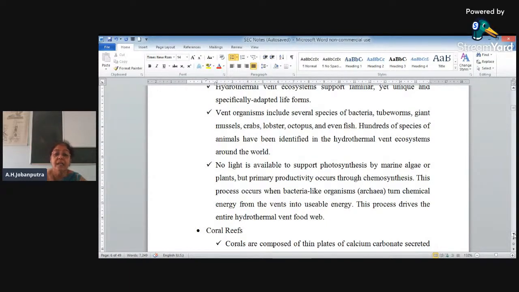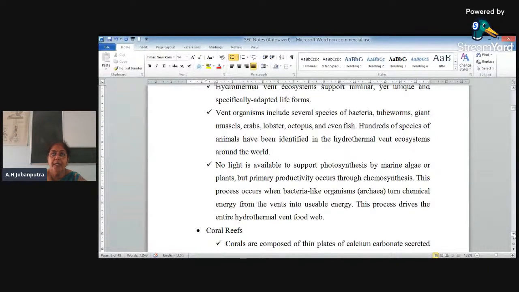All these chemosynthetic bacteria, organisms, or algae, or animals form a special food web in the hydrothermal vent. Just like the food web in ponds and on the land surface, it involves producers, primary consumers, secondary consumers, tertiary consumers, and decomposers. Normally on land, producers are photosynthetic plants.